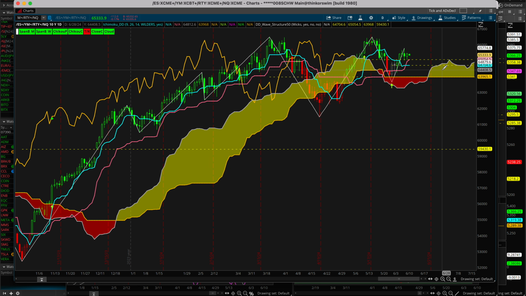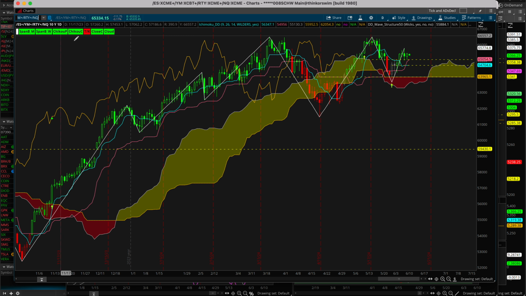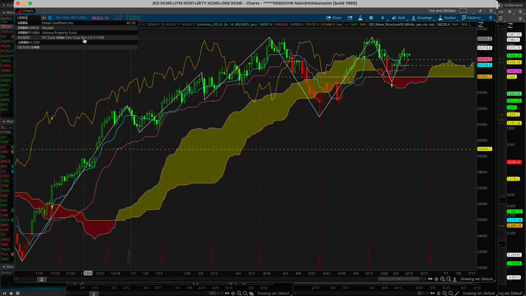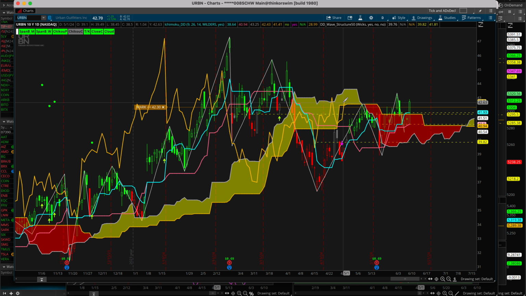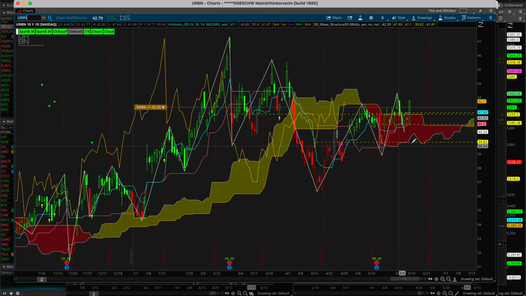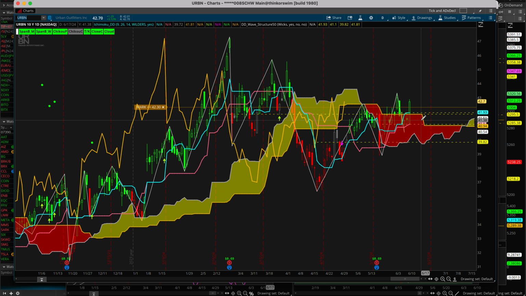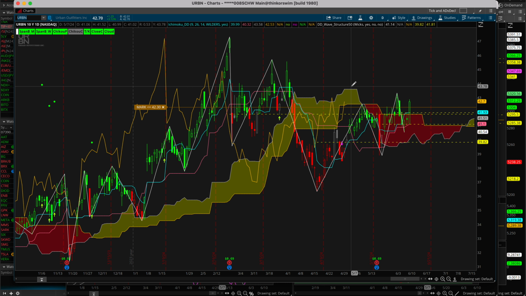But for instance, today Urban Outfitters looked like a really good trade on the simple 30 system, and I'm not saying it's not, but the lagging line, the Chikou span, is under the cloud, and in order for the whole system to be totally married up, the Chikou span is going to have to actually go above the cloud, and I think it's going to happen probably soon.